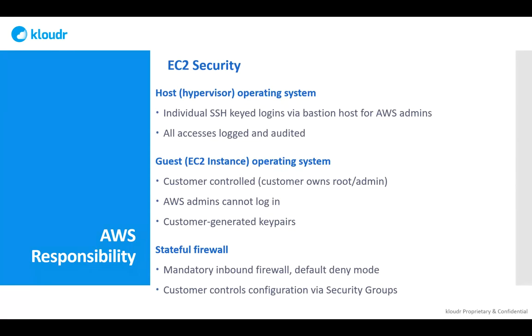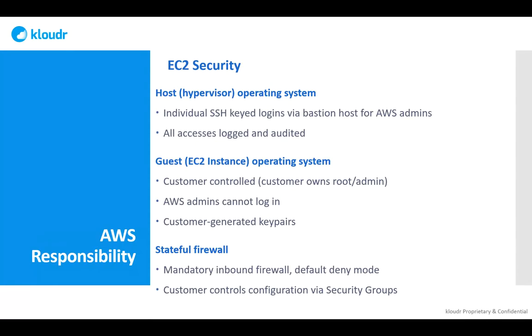It is AWS's responsibility to ensure the security of the hypervisor OS, and the access to these physical servers will be logged and audited. However, the EC2 instances are customer controlled and AWS admins cannot log in. As you know, AWS virtual machines are backed by hypervisors that AWS manages and secures.